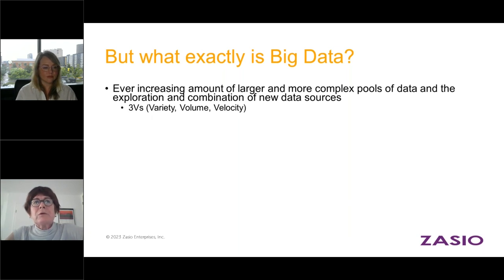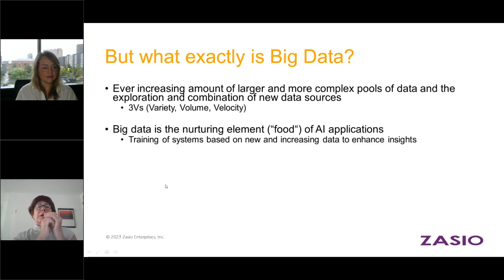They are what is called the 3 V's: variety, volume, and velocity, which contribute to the importance of how you build up big data stores. So it's the exploration and combination of always new and growing data sources in an unbelievably fast time frame. Big data is what we call the nurturing element, the food of AI applications.